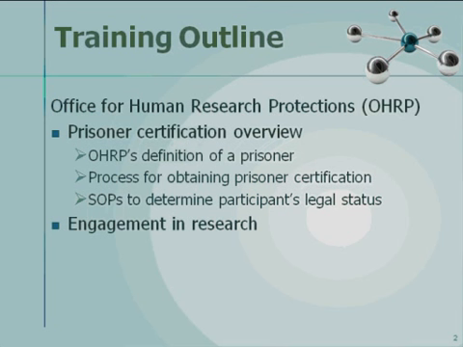Then we want to talk briefly about the process for obtaining prisoner certification. And finally, talk about SOPs to determine participants' legal status in the event that a site or a trial does not have prisoner certification. And then Bob will talk about engagement in research, both from an institution and individual level, and what's involved there, and what any and all subsequent trainings may be required.